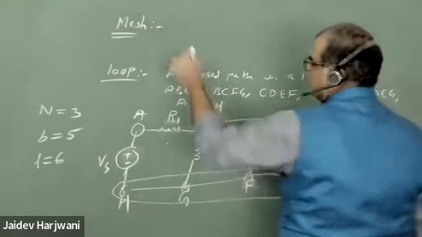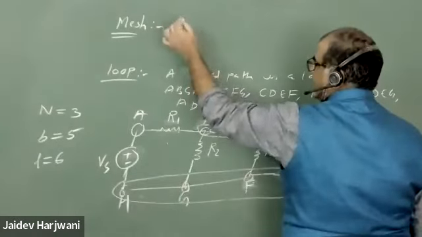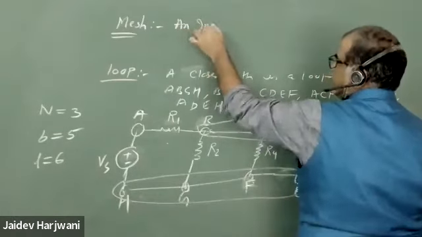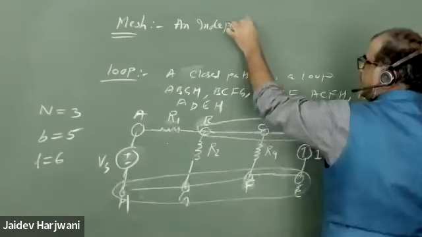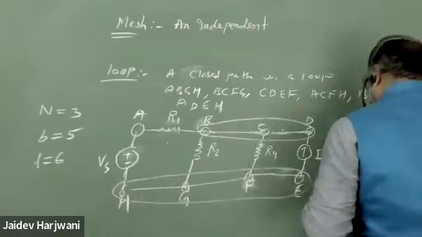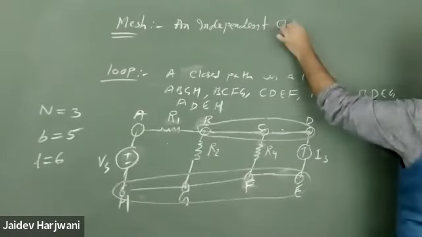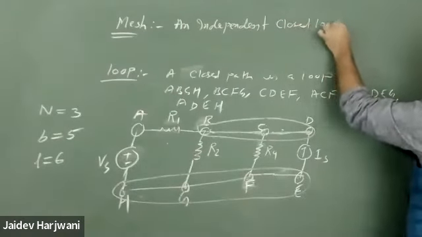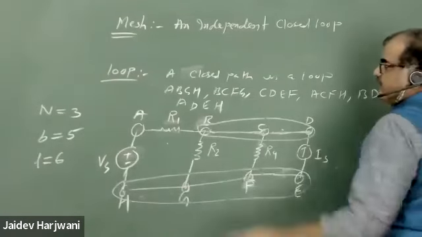A mesh is a closed loop, an independent closed loop. Now what is the meaning of independent?